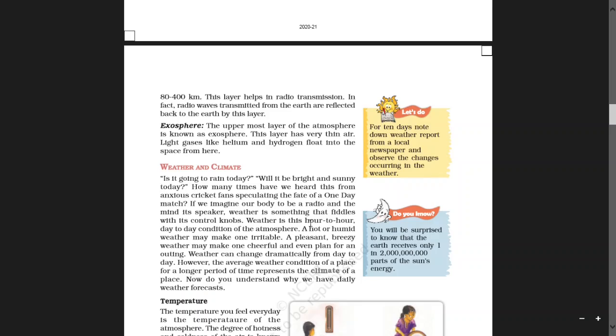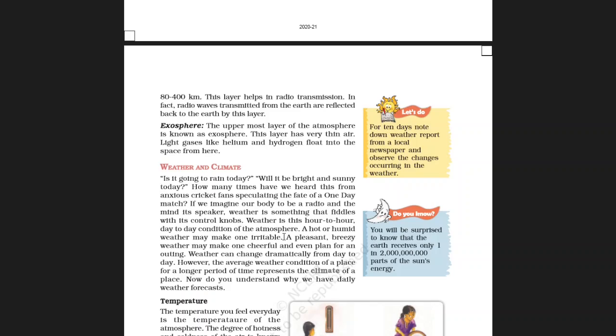Weather is the hour to hour, day to day condition of the atmosphere. A lot of humid weather may make one irritable. When the day is hot or humid, it may make us irritable. Irritable means showing a tendency to be easily annoyed.